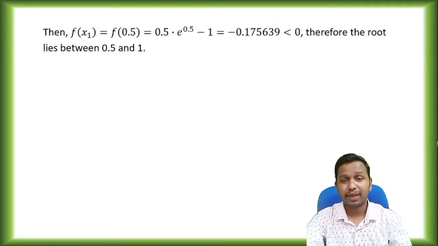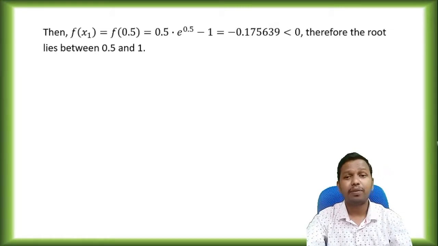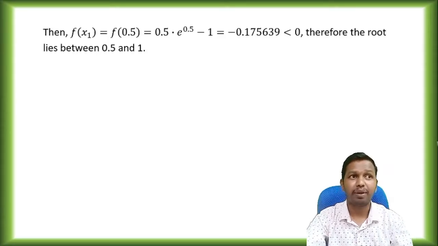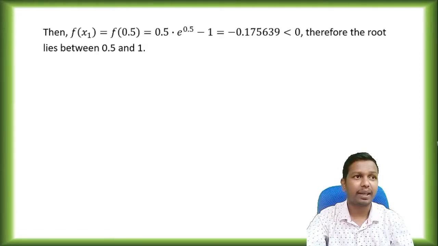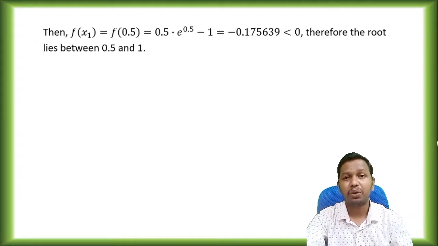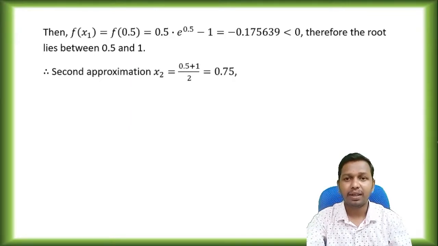Then we have to find the functional value at 0.5, that is f of x1 equals f of 0.5 equals 0.5 into e power 0.5 minus 1. By calculating that value, we get minus 0.175639, less than 0. Therefore, the root lies between 0.5 and 1.